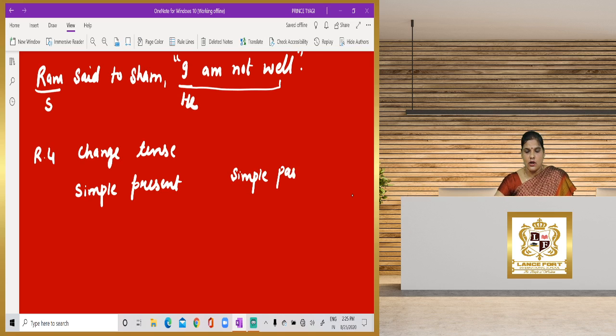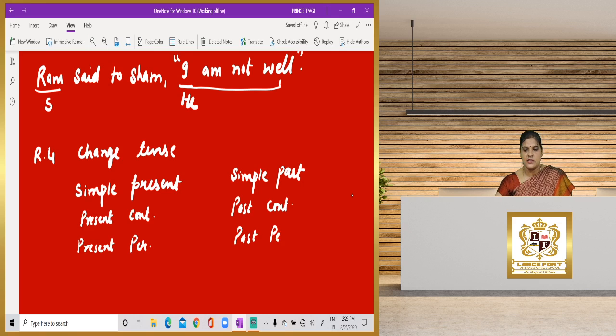All the present tenses change into their respective past tense. Now present continuous changes into past continuous. Present perfect changes into past perfect. It means their respective past tense.